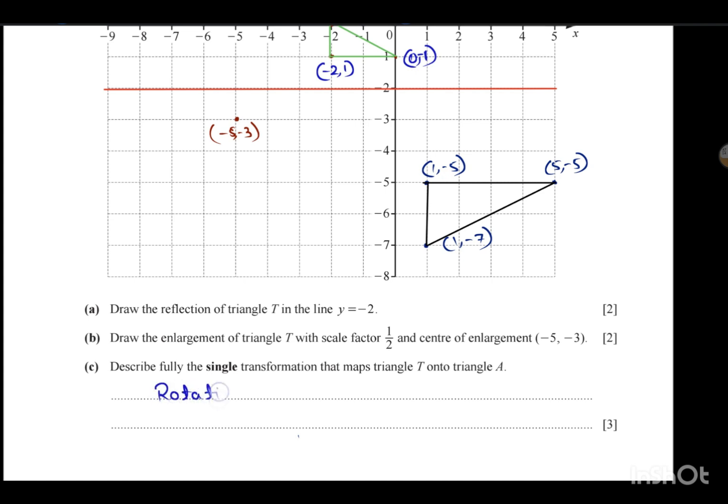It is rotation, 90 degrees anti-clockwise, center of rotation is -1, 0. This question is done.